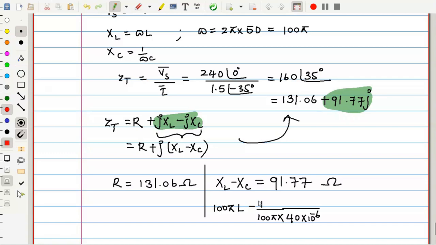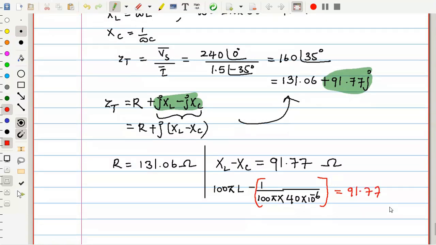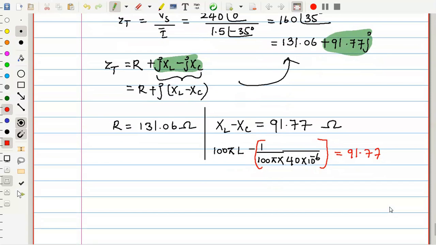So this bracket is equal to 91.77. Now you simplify and get L. So easy. Let me put it this way: 1 divided by 100 pi into 40 into 10 power minus 6.